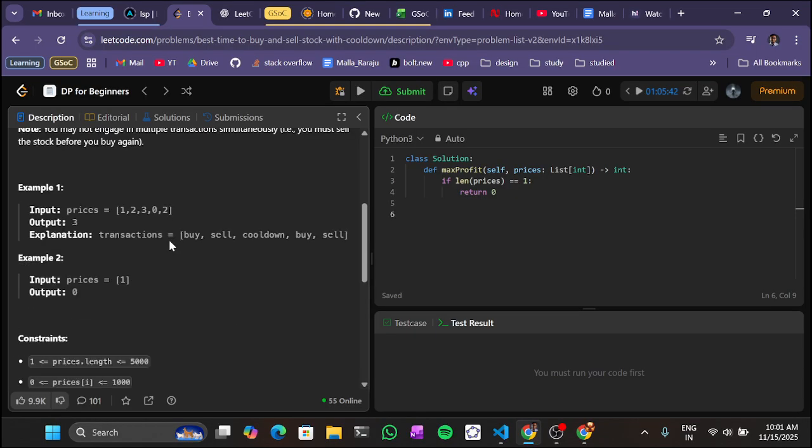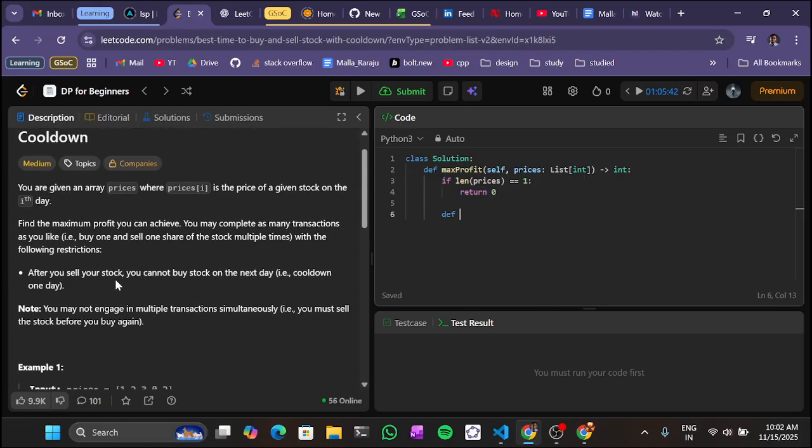So it changes very drastically with a cooldown period of 1 day. So let's see. And again we have to return what?